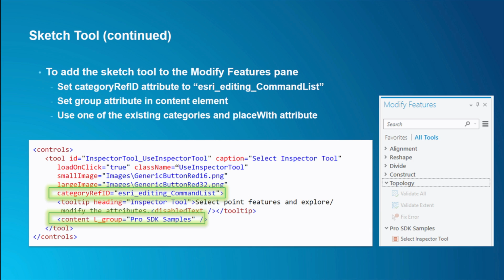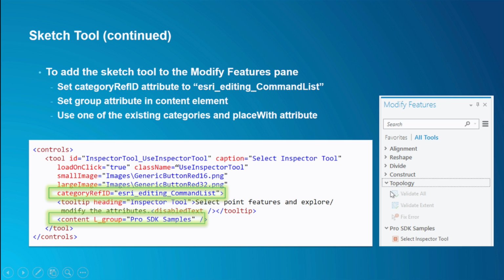To get into the section for the modify tools, we're using editing command list, as you see here on the right-hand side. This opens up when you click the modify features tool. That pane opens up with all the listed tools under there. And so in order to participate in this pane, the command list category ref ID is the way to go.